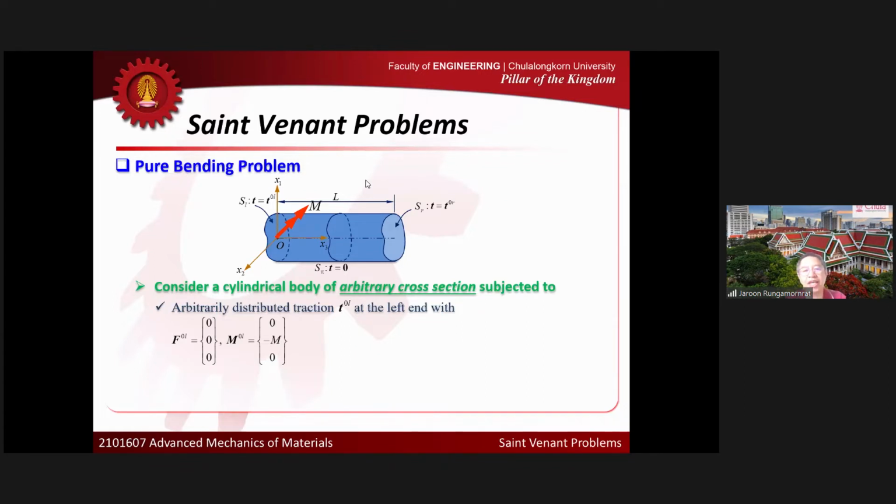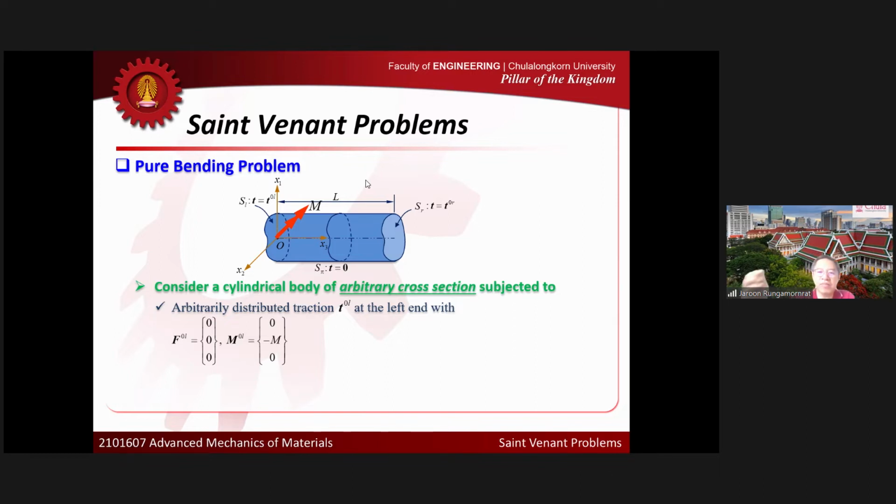You can think about one kind of distribution. For example, the traction that is generated from the bending stress for the beam case. You learn from beam theory, right? If you apply the bending stress at the left end like that, that will generate zero net force at the cross section, and the distribution of the bending stress will generate a bending moment.